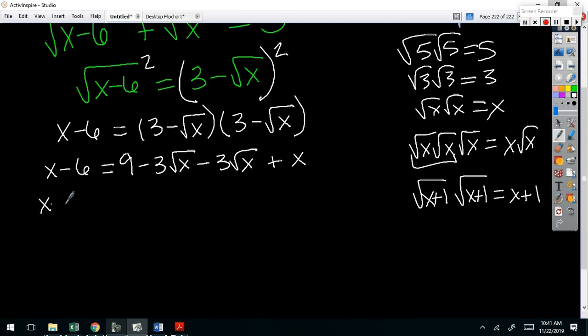X minus 6 equals 9. What is negative 3 root x and negative 3 root x? What type of equation do I have now? I am in scenario 1 again now.